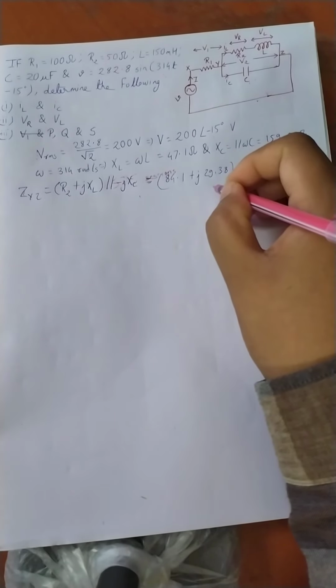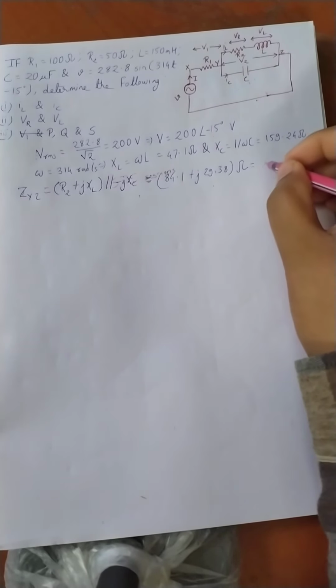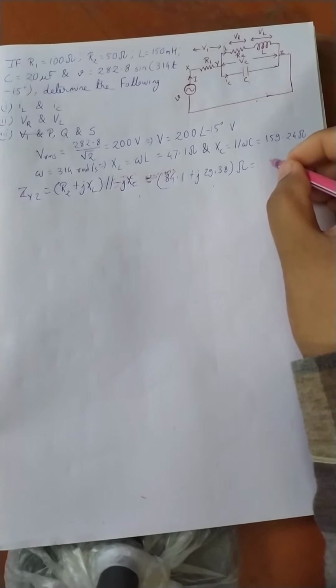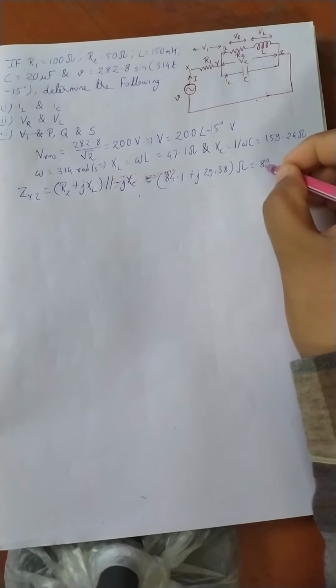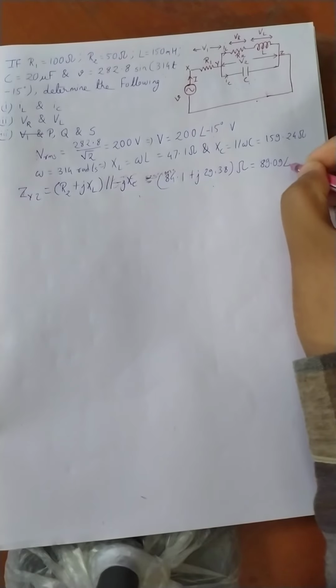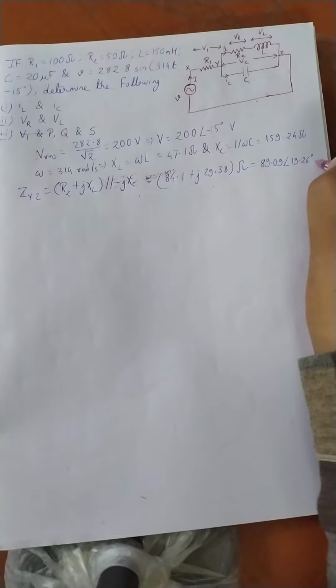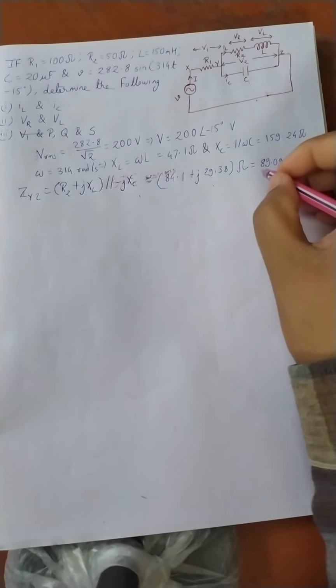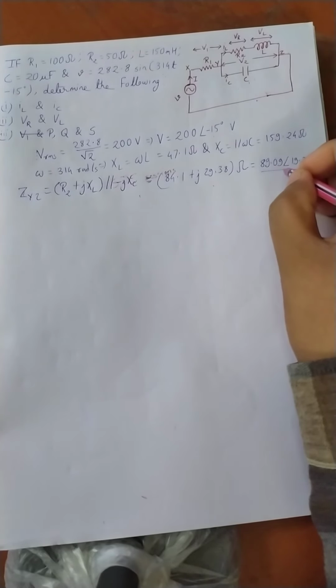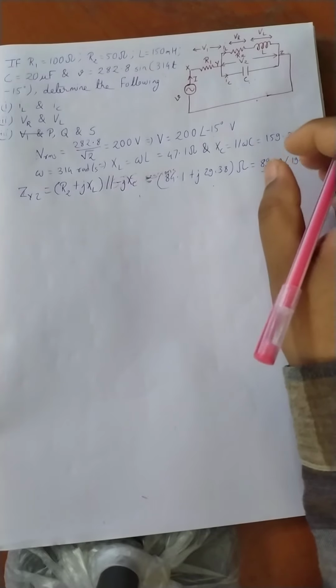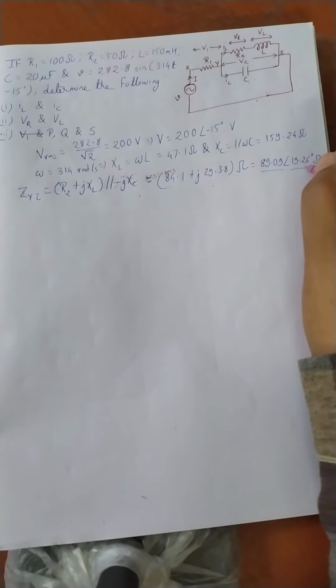This is in the Cartesian form. If I convert it to polar form, it comes to be 89.09 angle 19.26 degree ohm. This 89.09 is the impedance value, and this 19.26 degree is the phase angle.